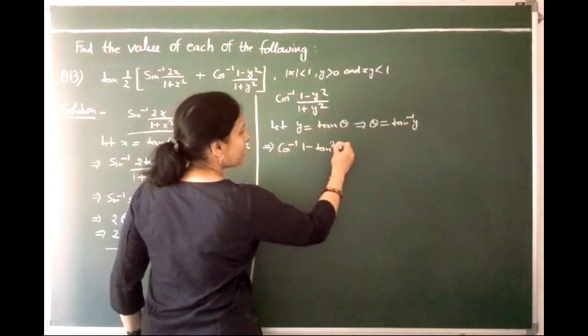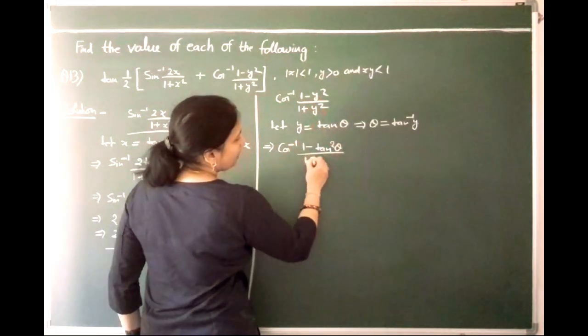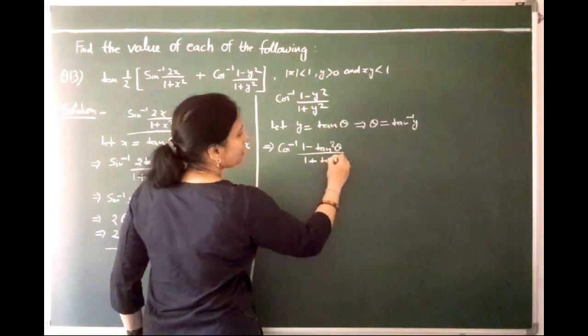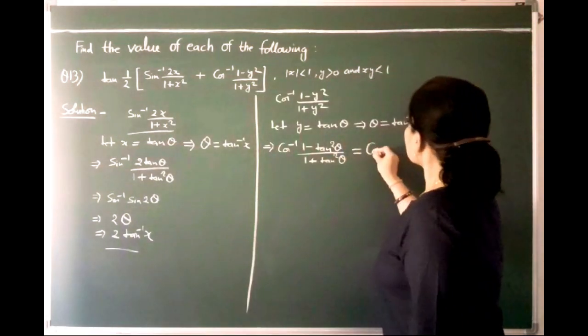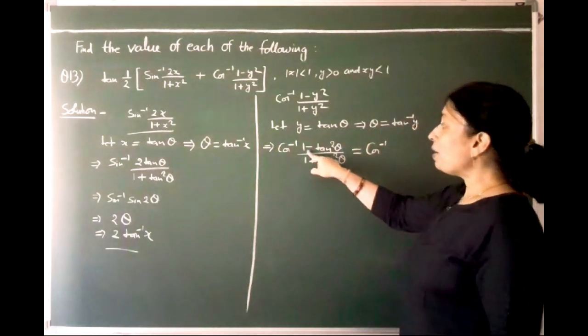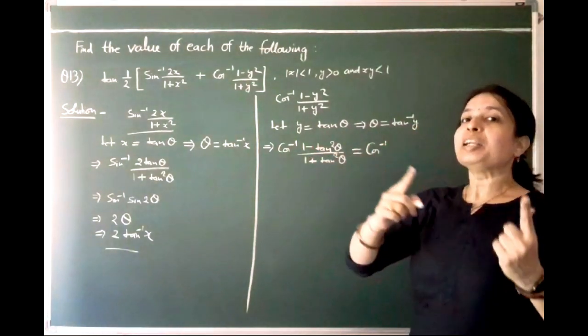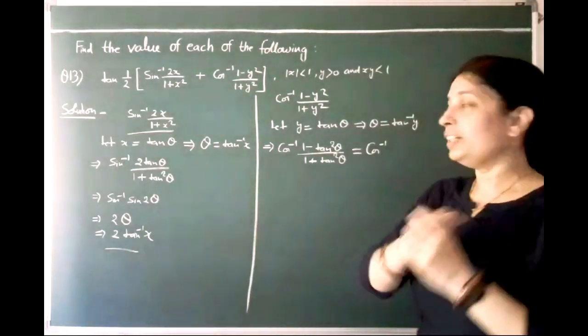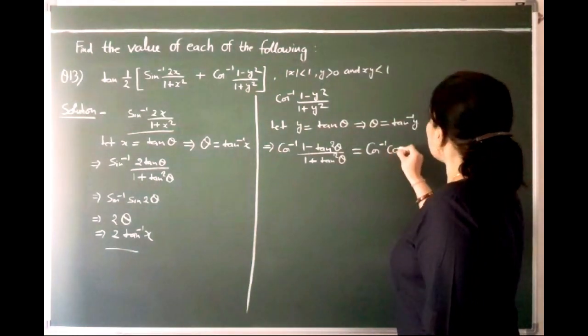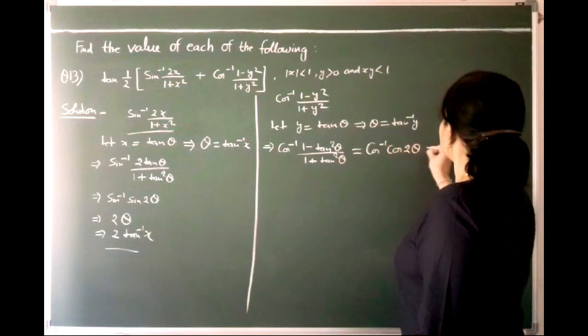So 1 minus tan square theta divided by 1 plus tan square theta. So it will be cos inverse 1 minus tan square theta divided by 1 plus tan square theta is equal to cos 2 theta. Yes, so it will be cos 2 theta.